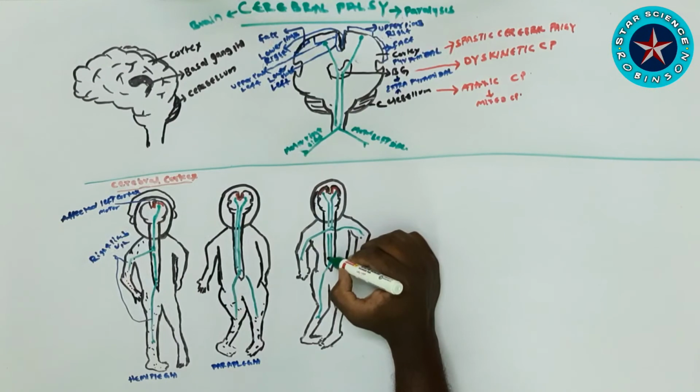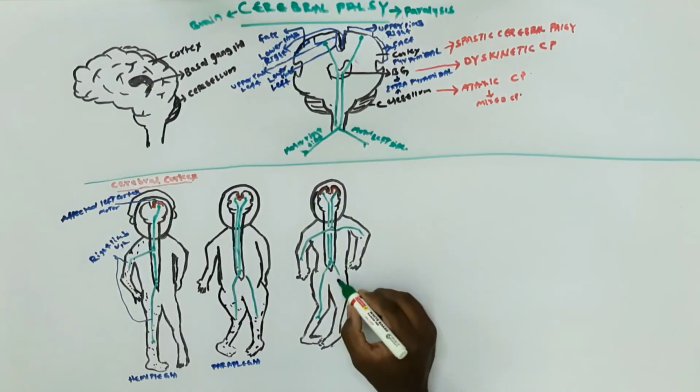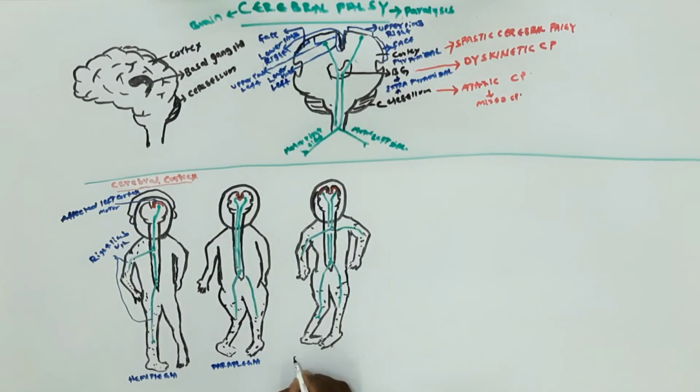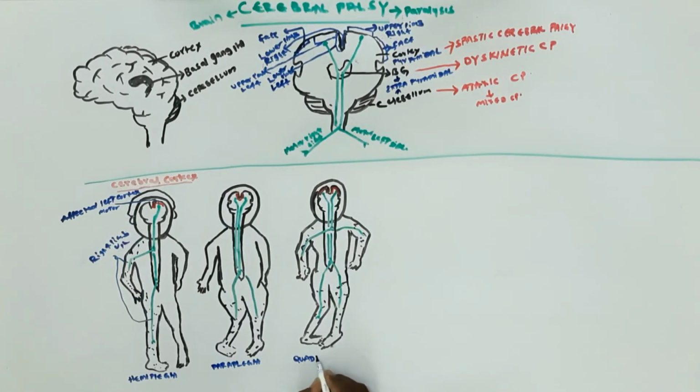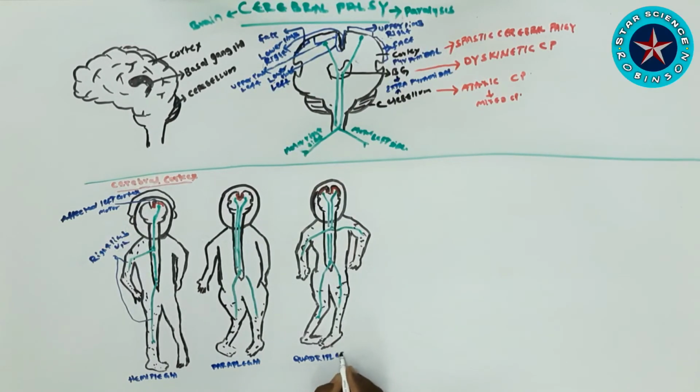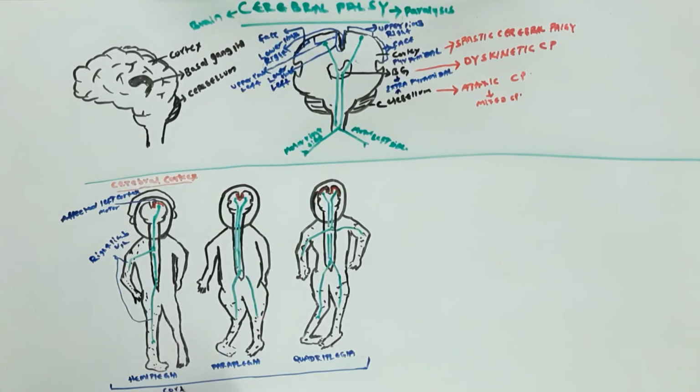Here the cortex regions on the right and left are affected. This type is called quadriplegia. If one side of the cortex is affected, then it is monoplegia, where one upper limb or one lower limb will be affected. Altogether, this is the pyramidal, involuntary type, where the cerebral cortex is affected.